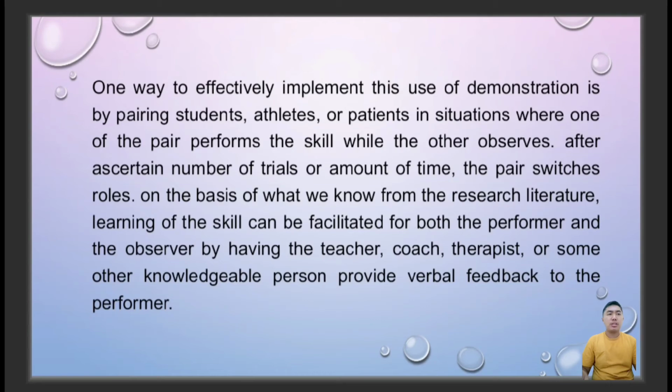On the basis of what we know from research literature, learning of the skill can be facilitated for both the performer and observer by having the teacher, coach, therapist, or some other knowledgeable person provide verbal feedback to the performer.